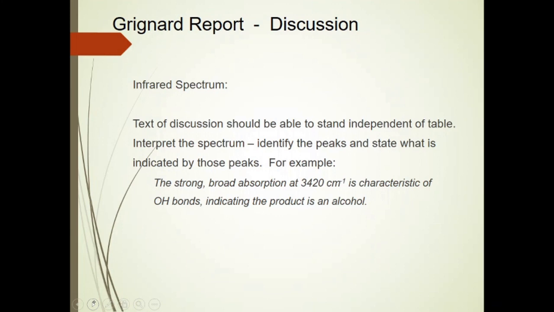This is characteristic of OH bonds, and then draw a conclusion. This indicates my product is an alcohol. Do that for basically each row that is in your table, which should have a sentence or a little paragraph describing it.